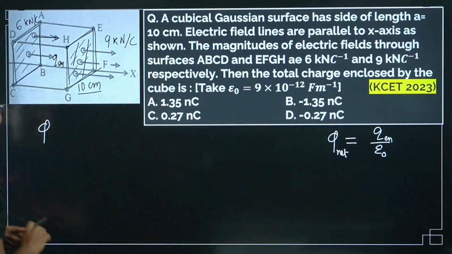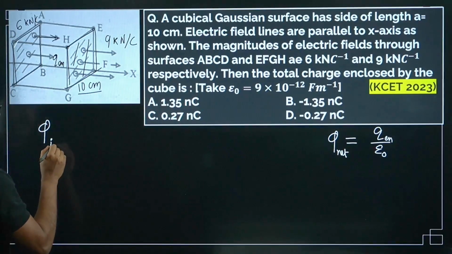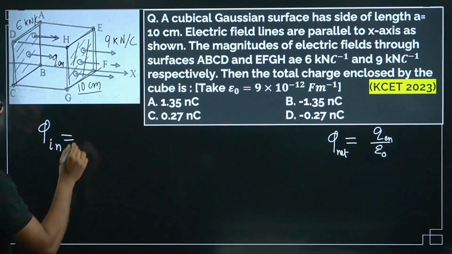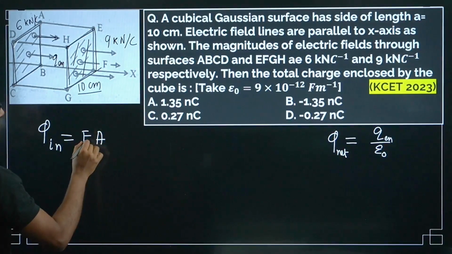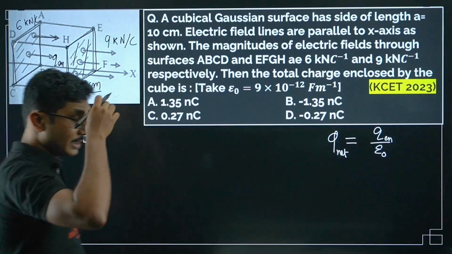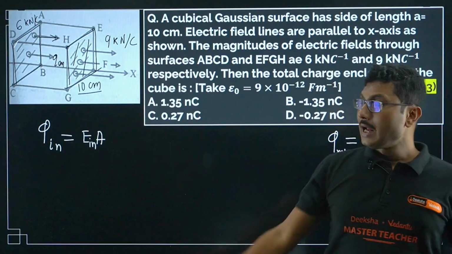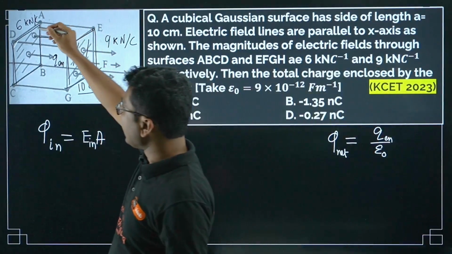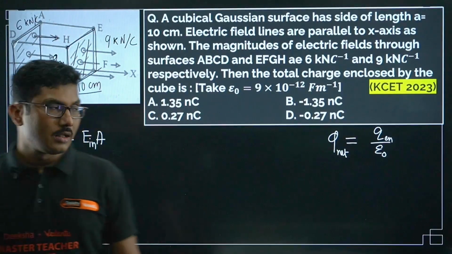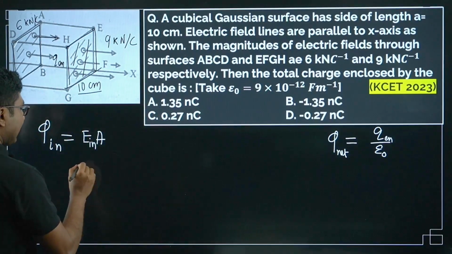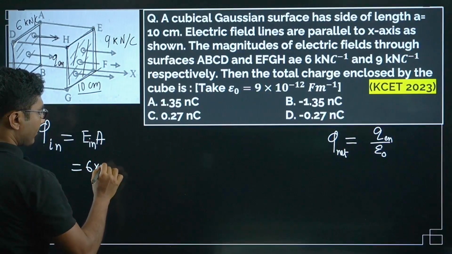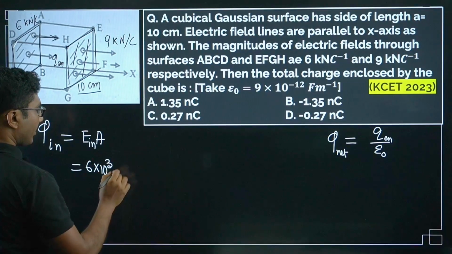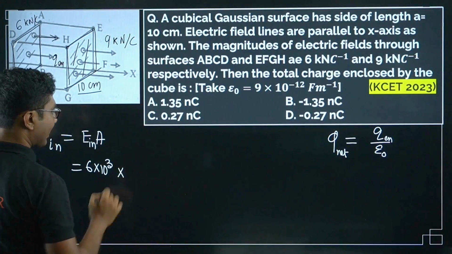So what is the incoming flux? Incoming flux is given by the incoming electric field times the area of this ABCD. So what is the electric field incoming? It is 6 kilonewton, which means 6 into 10 to the power of 3, times the area. What is the area?